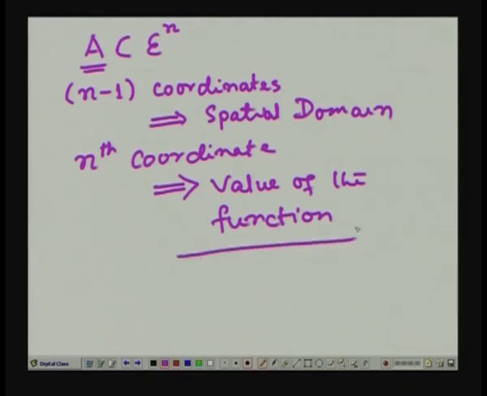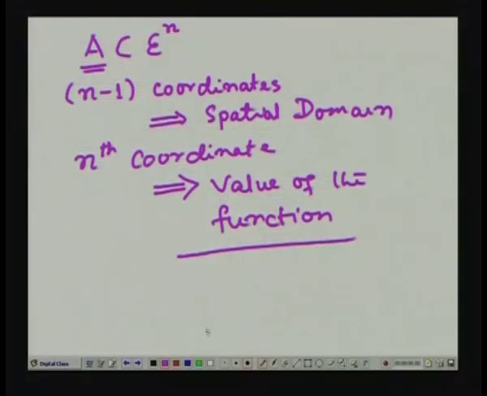So, this is our basic interpretation. We are taking a point set A in n dimensional Euclidean space. If I take a point belonging to that set A, then the first n minus 1 coordinates of that point represent its location in the spatial domain, and the nth coordinate, that is the last coordinate, represents the value of the function at that particular location in space.